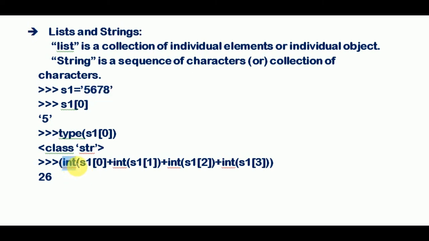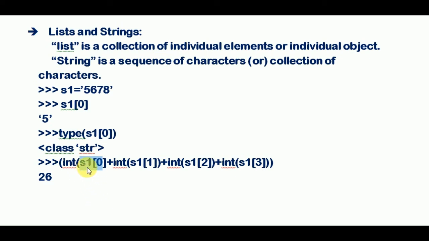Now if we want to add all these numbers like in the list, we have to use the int keyword before every element of the string, because it is a string and strings cannot be added, they are just concatenated. So when we want the total summation of these numbers, we have to use int before every element of the string.